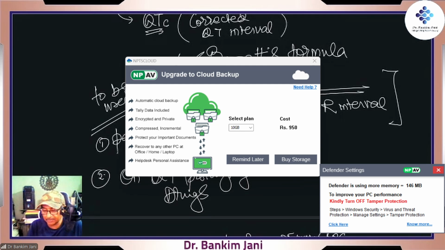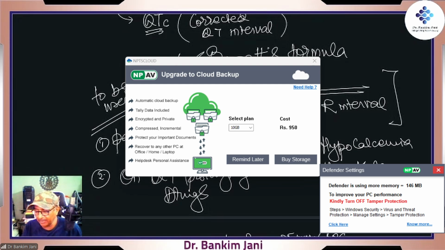Now, there are very specific drugs in which the QT level gets long. And in any of these variations, when there is decreased calcium, it is called hypocalcemia. When there is decreased potassium, it is hypokalemia.